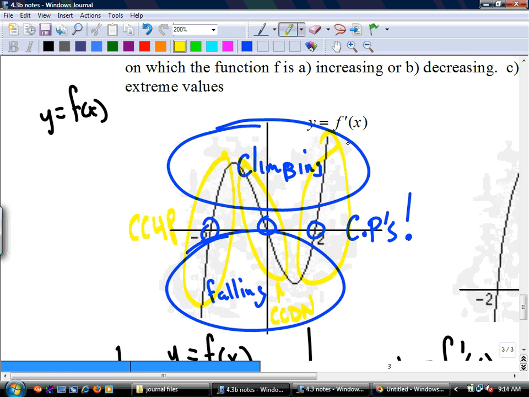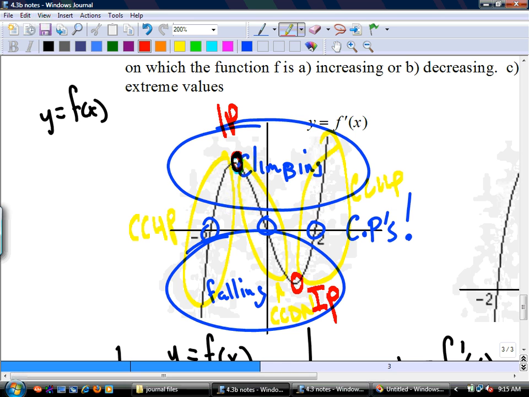Tell me about the slope here. Concave up. And then I get really funky and I circle these 2 points. Those are inflection points. Itsy bitsy spider points. Climbing, falling, CPs. CC up, CC down, CC up, IP, IP.